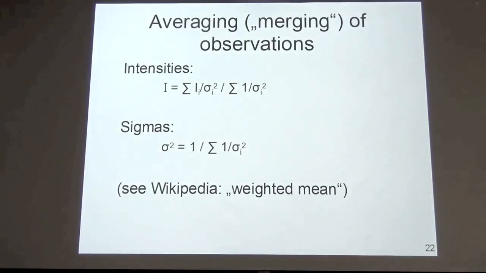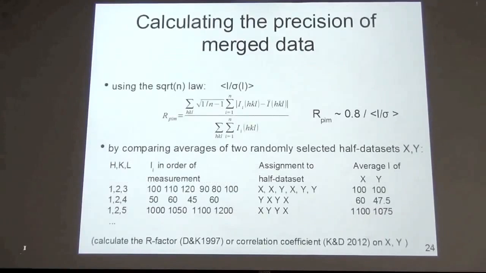This formula, this I and this sigma, I'm talking now about the weighted mean and its sigma, whereas earlier I was talking about the intensity of individual observations and their sigma. Okay, these are two different beasts. Thank you. And they are, for example, in Bernhard Rupp's book, they are the same. So it's highly confusing. Everybody is confused, and this is why I harp on this so long, to get rid of the confusion. Okay, so very good question, by the way.